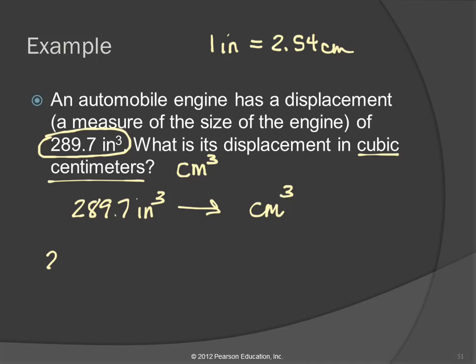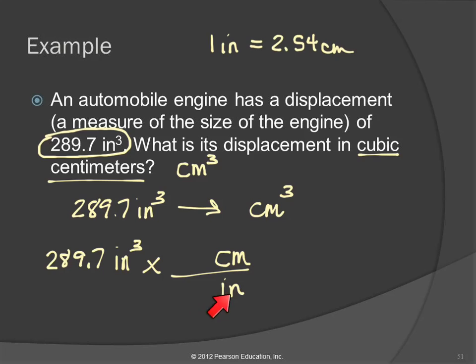So let's set this up and look at it. Our pattern was we're going to start with this 289.7 cubic inches, and then we're going to put centimeters over here. Now there's a couple different ways to think about this. I'm going to show you the more expanded version first, and then the more concentrated version. If we initially just ignore the 3 and go inches to centimeters, then this is the conversion factor we put in there.